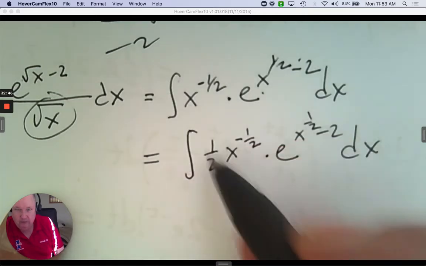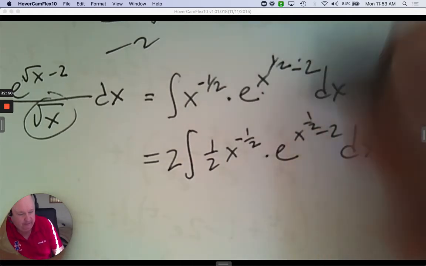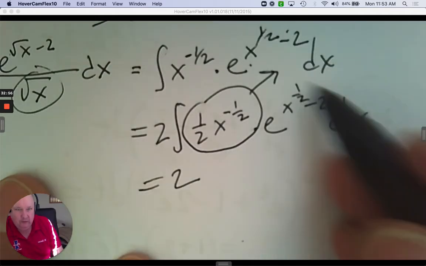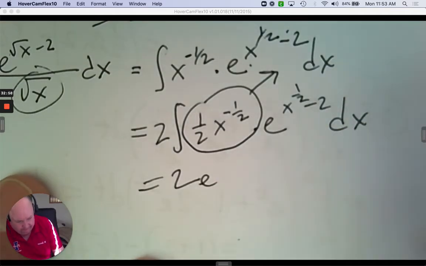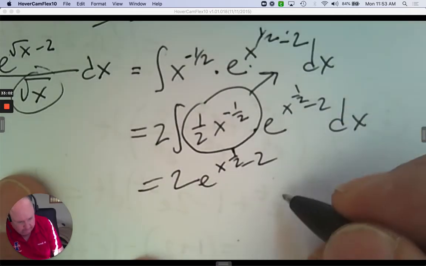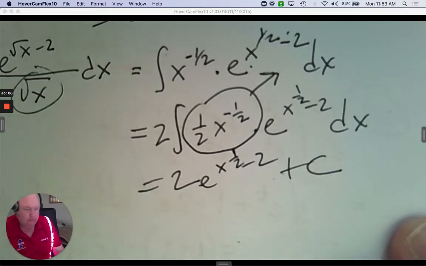So what it was or became, so I need a 2 in front. So when I multiply it, it stays the same. Then I can circle the entire hook and unhook it. And then you have 2, and the rule for this is just copy it. And don't forget the constant. 28.